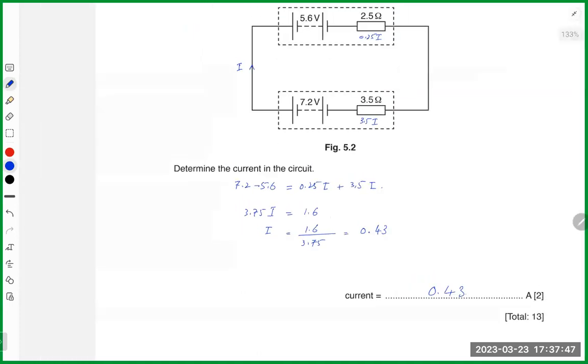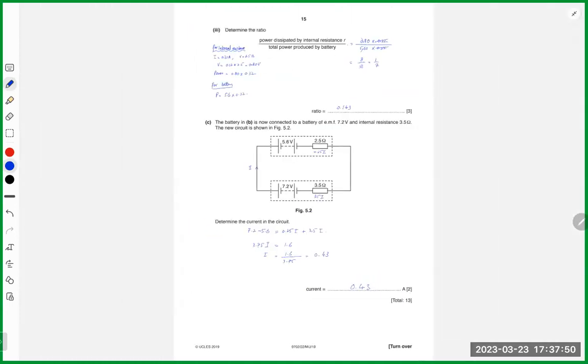So this is how we are supposed to solve electricity questions.